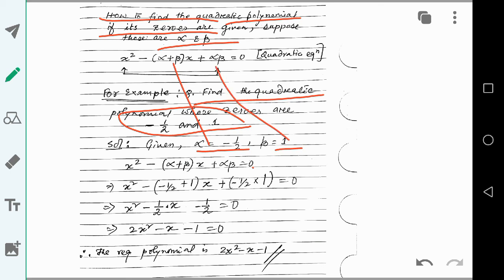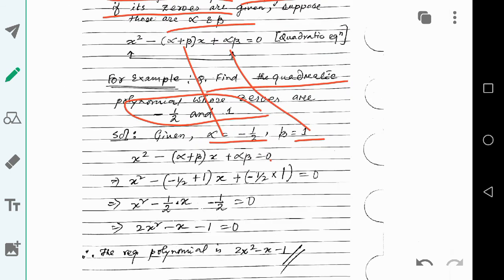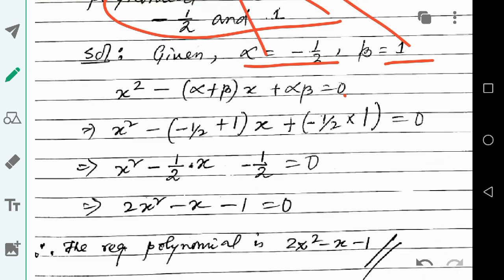Putting those values here, we have got x square minus (minus 1/2 plus 1), which is again half, so we will get minus 1/2 x. Then minus 1/2 into 1 is minus 1/2, and minus plus minus, so here we will get minus 1/2.